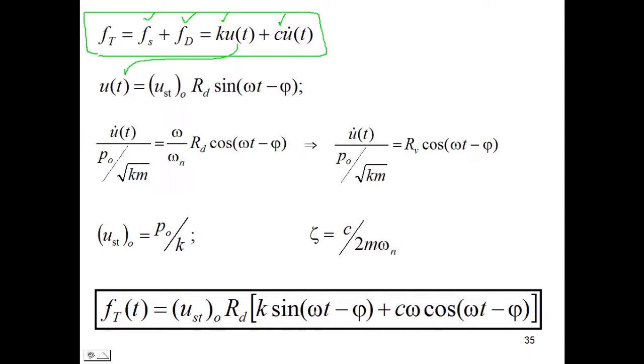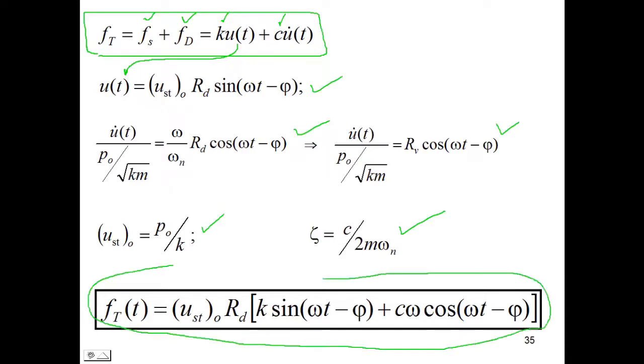If we substitute the steady-state deformation, the first derivative of the steady-state deformation with respect to time, the maximum static deformation, and damping coefficient into the equation of transmitted force, we will get the following equation.